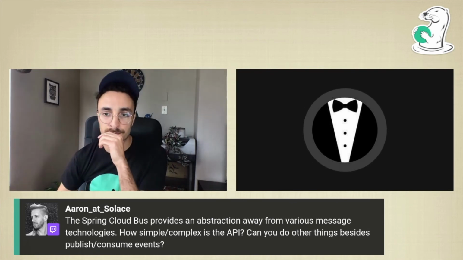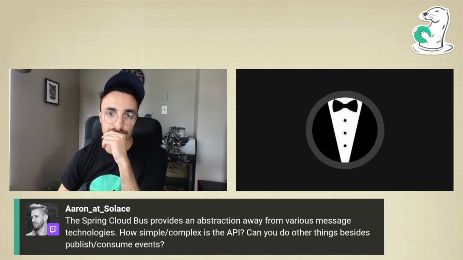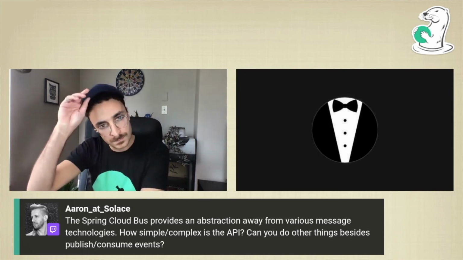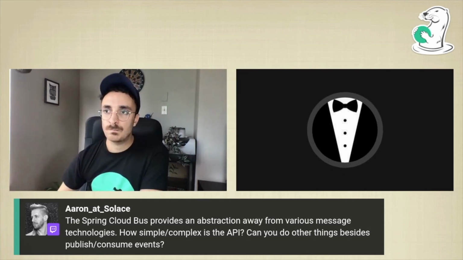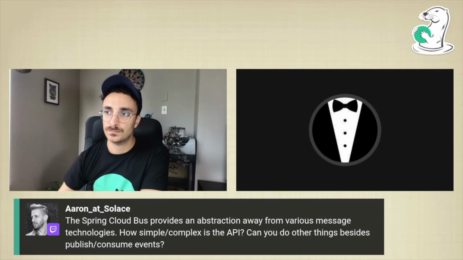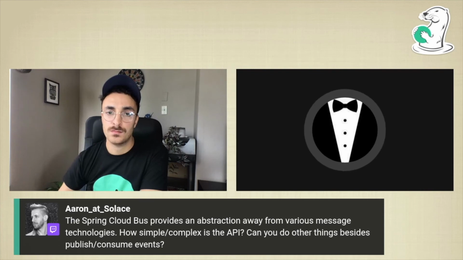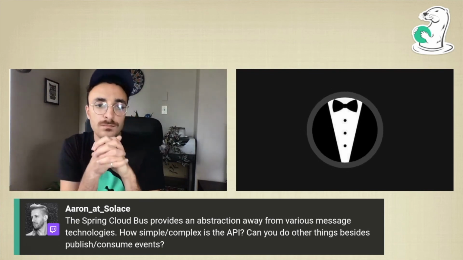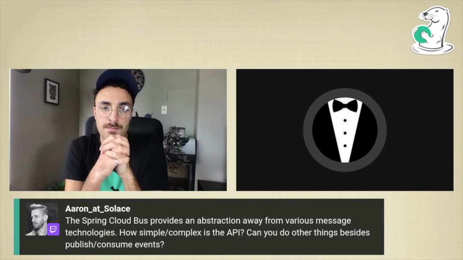Yeah, that's a very good question. And that's exactly where the lightweight part in the lightweight messaging talk comes from. So Spring Cloud Bus is a very high level abstraction on top of messaging. And if you're looking for, let's say, an advanced messaging case, or if you want to build those patterns that you might know from the RabbitMQ world or Solace world, where you have dead message queues and you have time to live parameters in a message to produce a delayed processing of messages, that's not something you will do with Spring Cloud Bus.